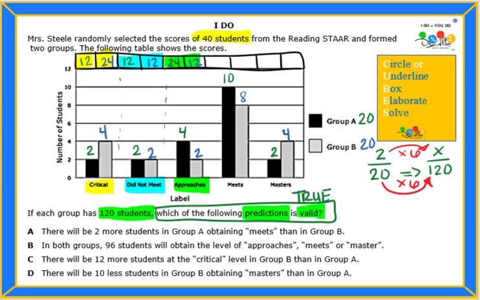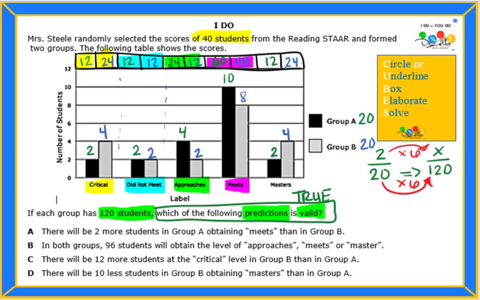Then the meets: 10 times 6 is 60, and 8 times 6 is 48. And the last group, 2 times 6 is 12, and 4 times 6 is 24.